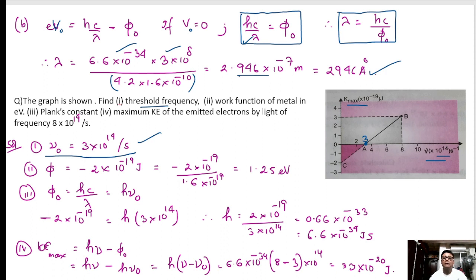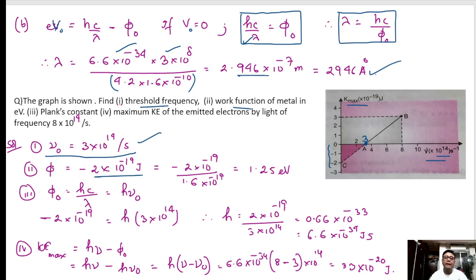Next, they are asking for the work function of the metal. First of all, see here, the intercept shows it is minus 2 into 10 to the power minus 19.